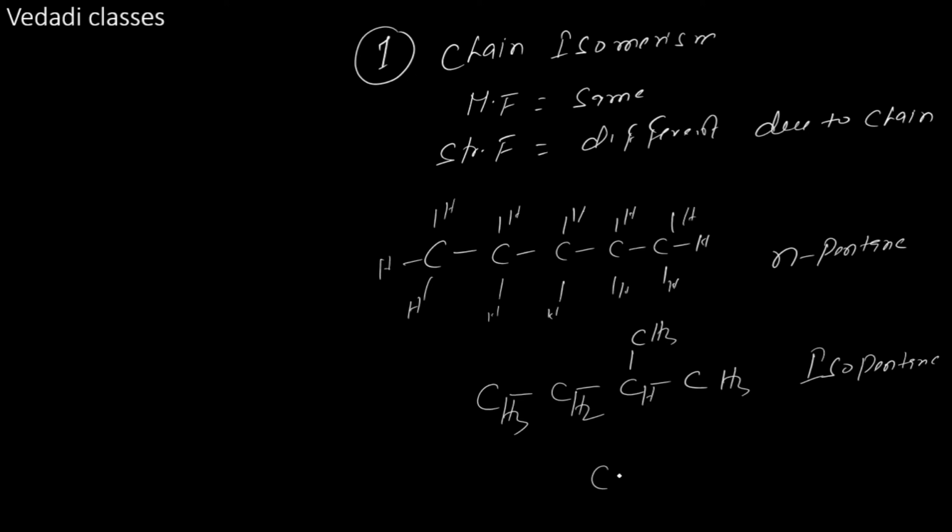And if we have two side branchings from the middle carbon, then this is known as neopentane. So this is chain isomerism. You can find out any one of them if they have given it to you.